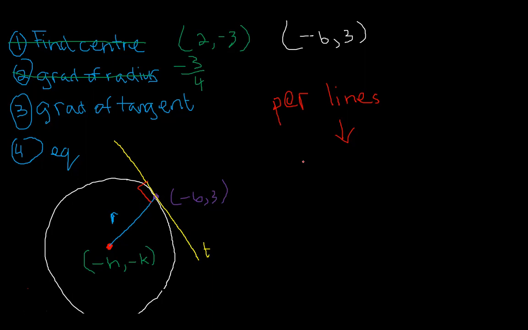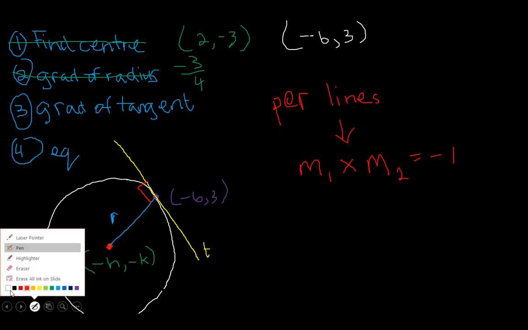So say I wanted the gradient of the radius to be m1 times the gradient of the tangent would be m2. If they're perpendicular, which we know they are, their product, so m1 times m2 would be equal to -1.